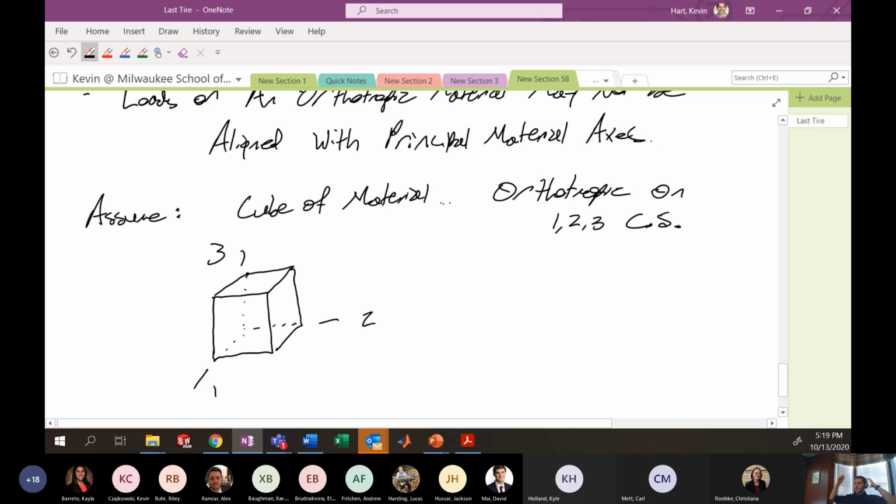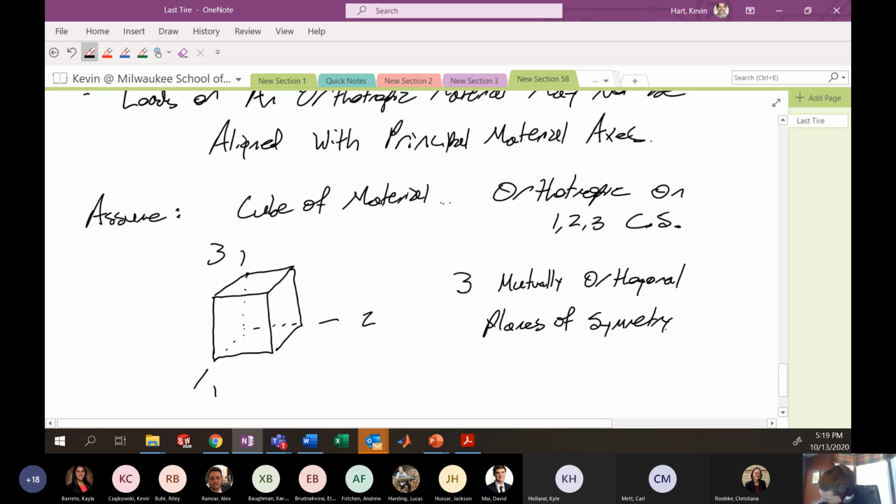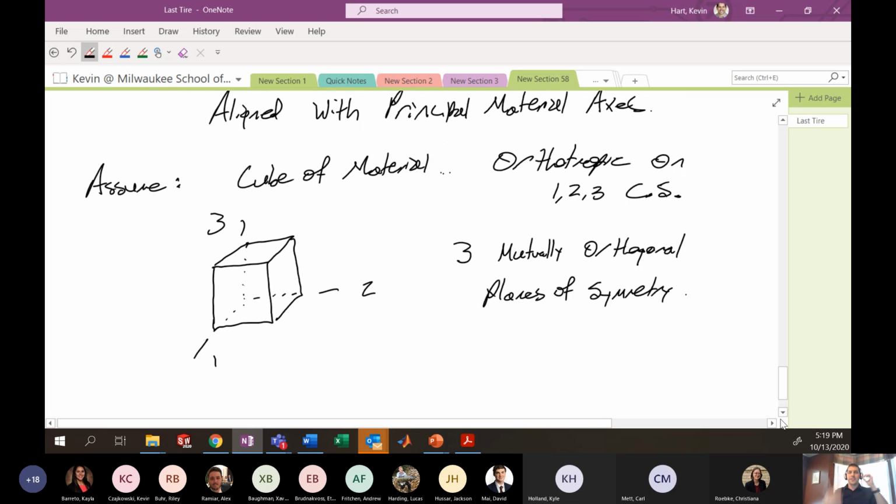Okay, and to understand what it means to be orthotropic on the 1, 2, 3 axes, we have to remember the definition of an orthotropic material: a material that has 3 mutually perpendicular planes of symmetry. In our derivations so far, we have assumed that the planes of symmetry are the 1, 2, 2, 3, and 1, 3 planes.